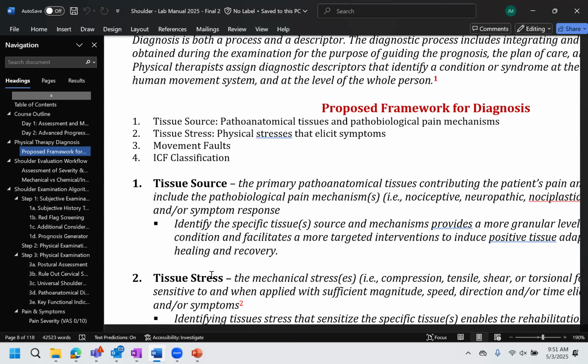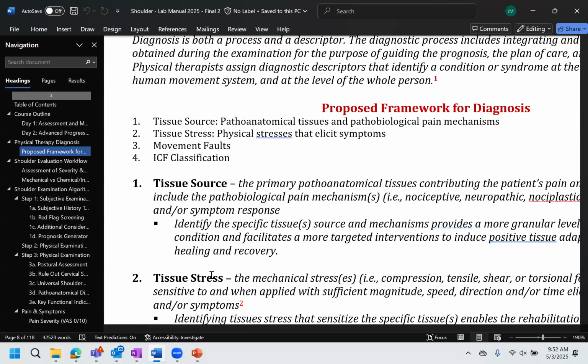Specifically, my tissue source is going to be the articular surface of my supraspinatus tendon and/or the bursa, depending on how inflamed or chemically inflamed they are, right? Are they presenting more mechanical, where they go out and then it's off? Or is it like at rest, they're having persistent pain, which would tell me it's more inflammatory within the bursa versus not, and what their subjective would be.